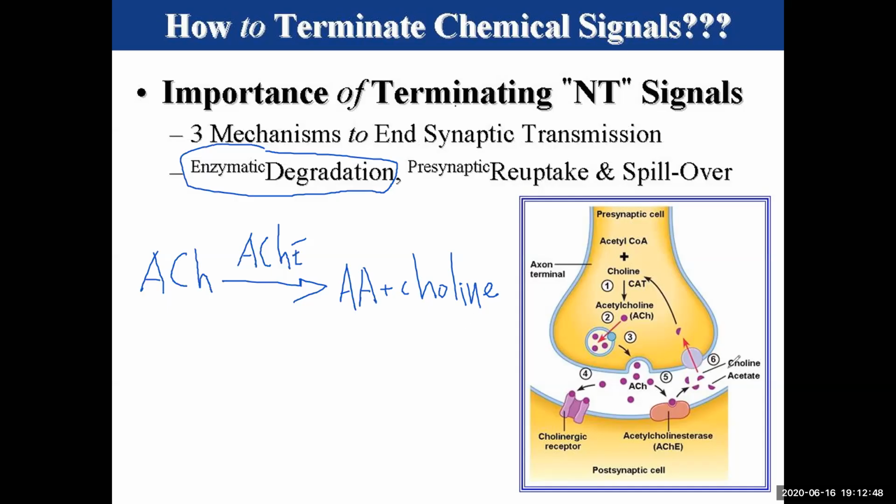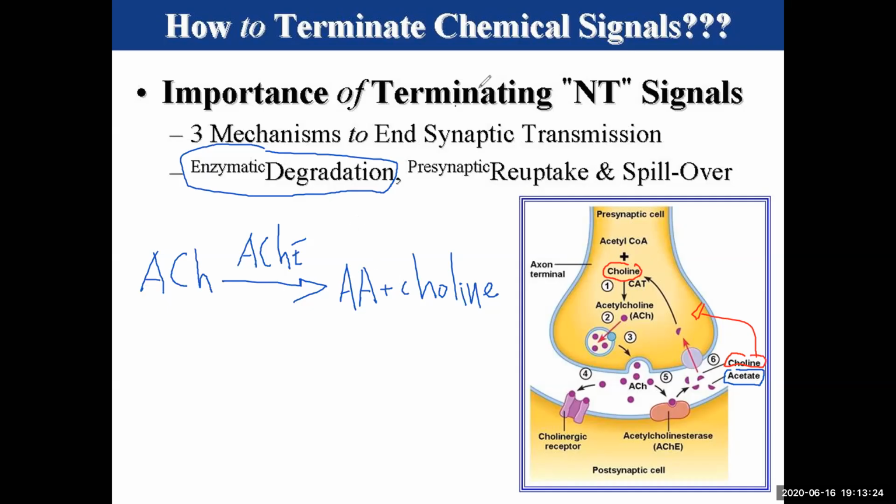Acetic acid here is the same as acetate. Acetate is the salt of acetic acid, right? So you can say acetate or you can say acetic acid. What is important is that the choline is recycled. It's picked up by the axon terminal that releases it, so that choline is reused to make more acetylcholine. So that's one example, enzymatic degradation.